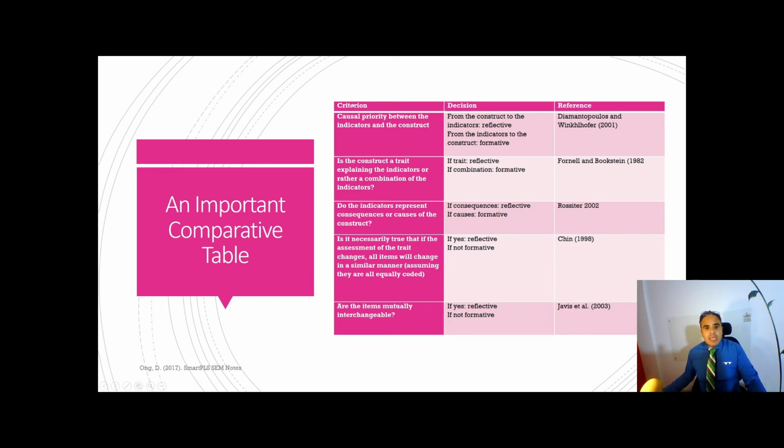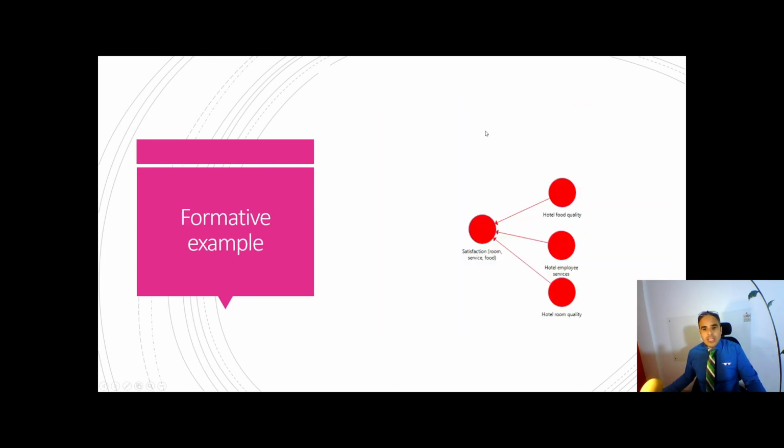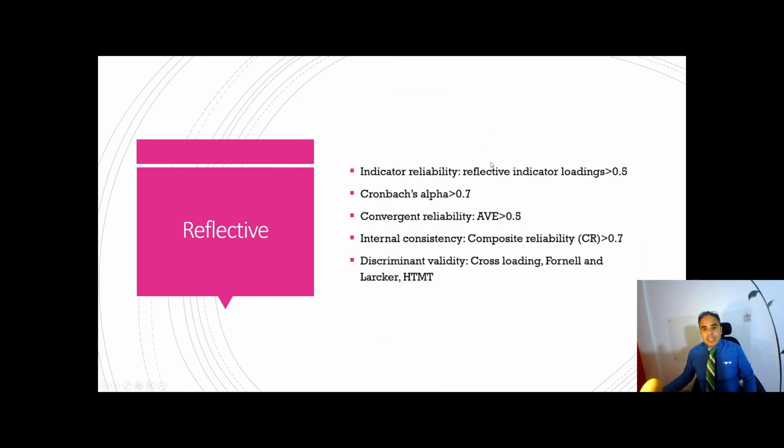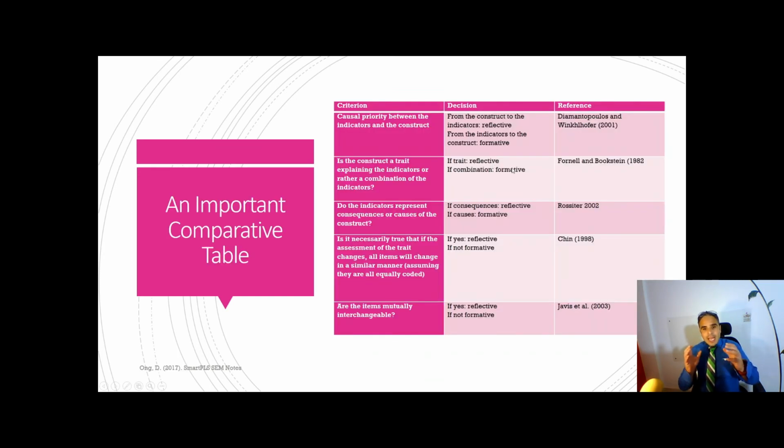So maybe here, causal priority between the indicators and the construct: from the construct to the indicators, reflective, and from the indicators to the construct, this is formative. You can stop the video now, have a look at this table, copy it, and get back to it whenever you wish.